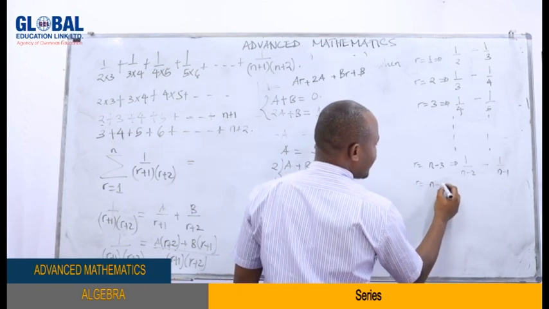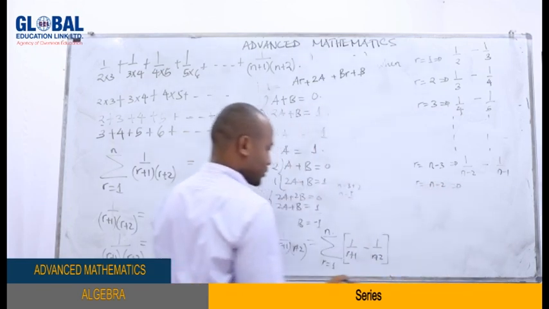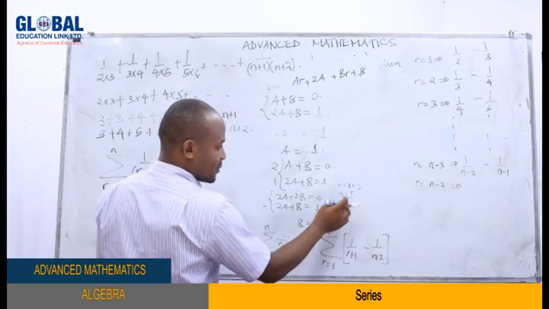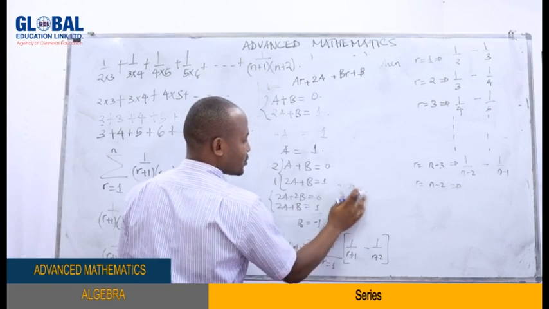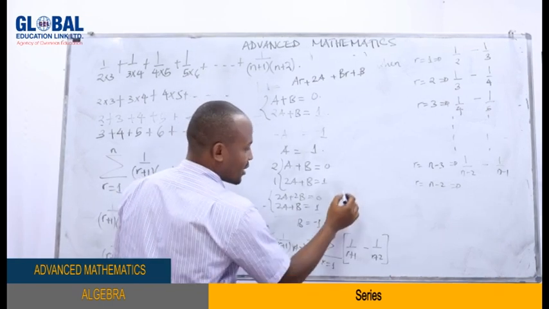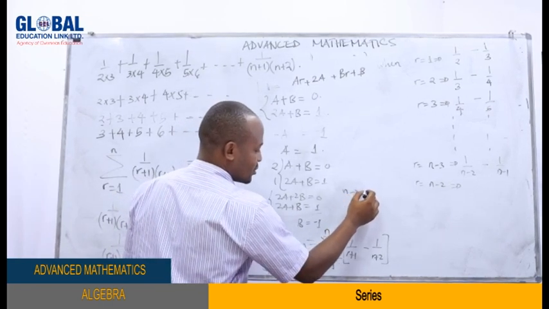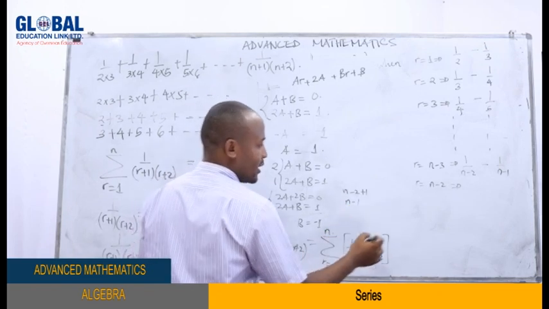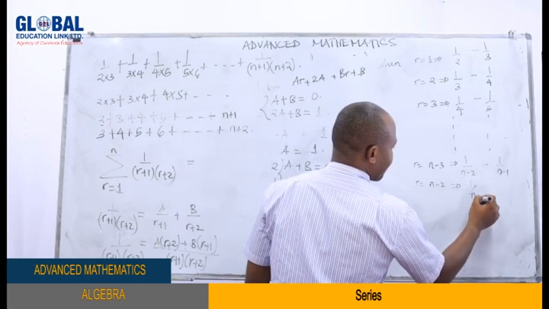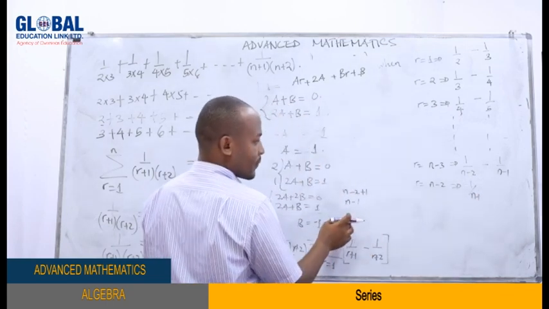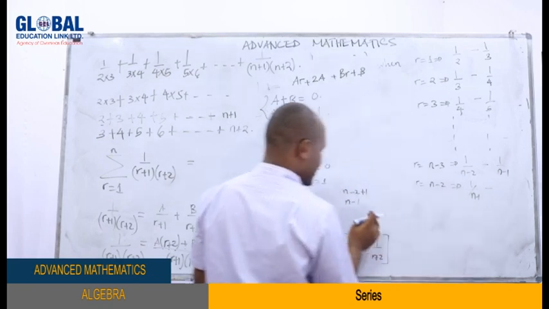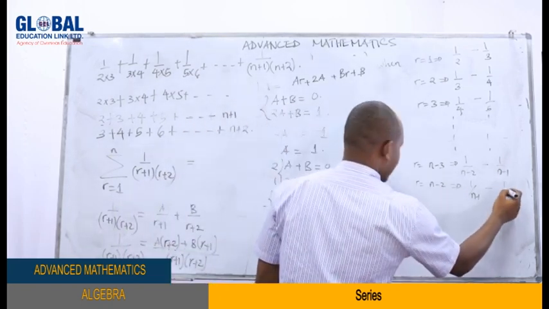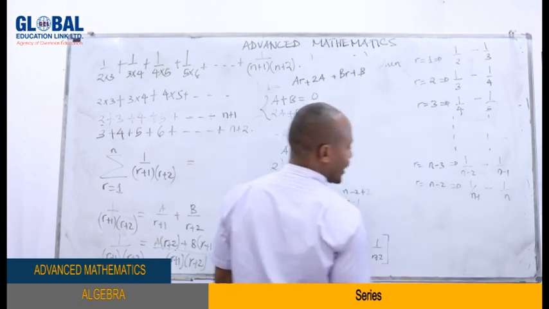When r is equal to n minus 2, we are going to have 1 over n minus 2 plus 1, that is n minus 1, minus 1 over n minus 2 plus 2, which is n.